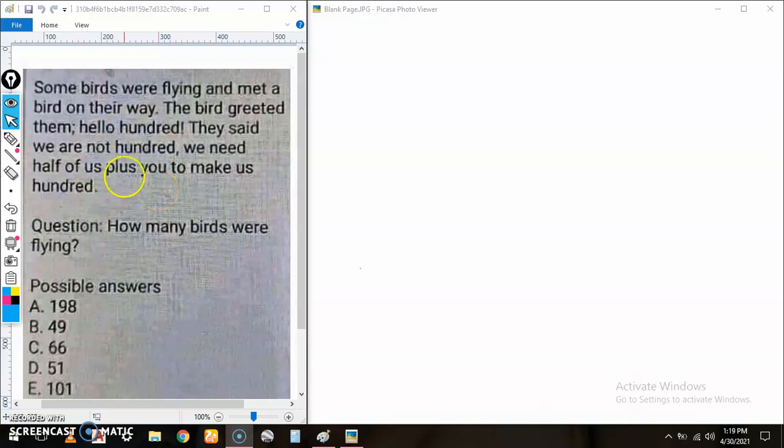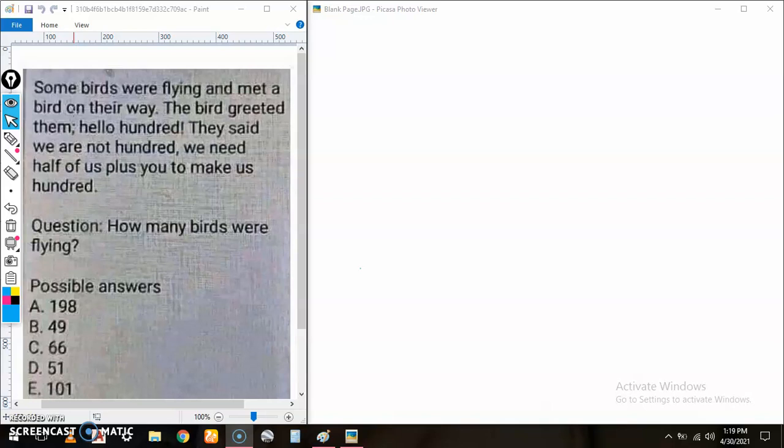We need half of us plus you to make us 100." Then the question is, how many birds were flying? Possible answers are 98, 198, 49, 66, 51, 101. Right? So, from this story, we are going to derive an algebraic expression and then solve the expression.